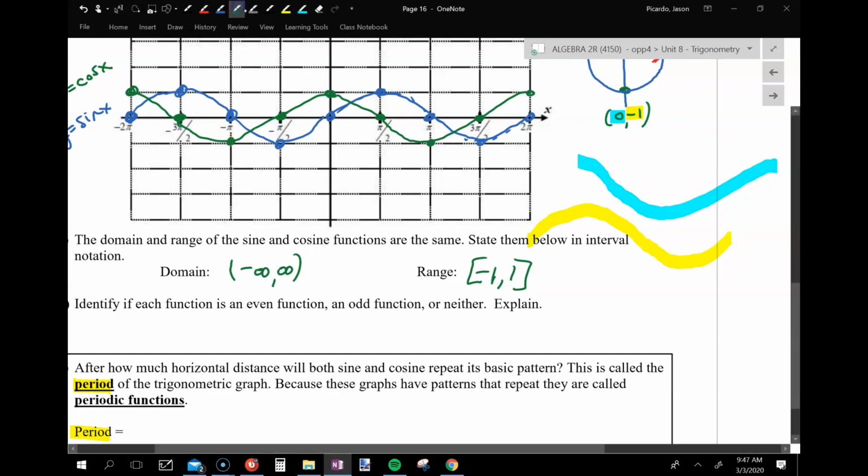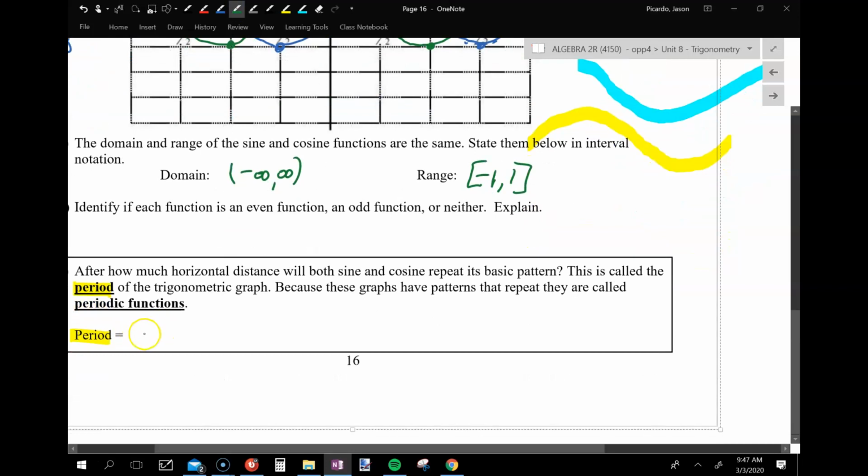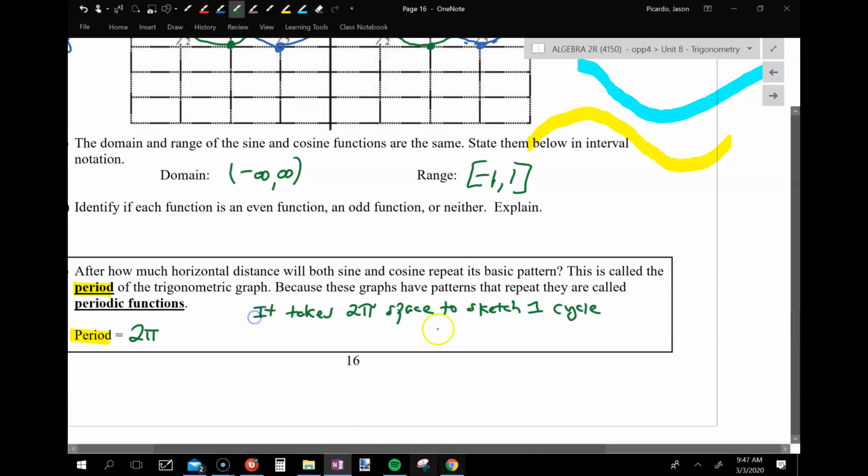So when I talk about the period is 2 pi, that's because it takes 2 pi space to sketch one cycle of sine of x or cosine of x.